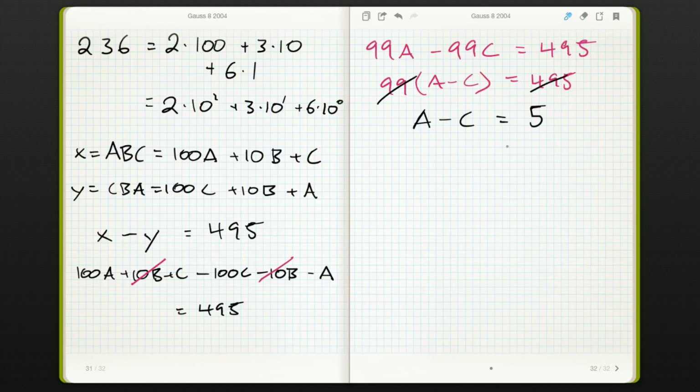And I think that's really the only condition we need. The B's cancel out, so I think B can be whatever we want. B can be anything, so B could be 0, 1, 2. We have 10 choices for B.